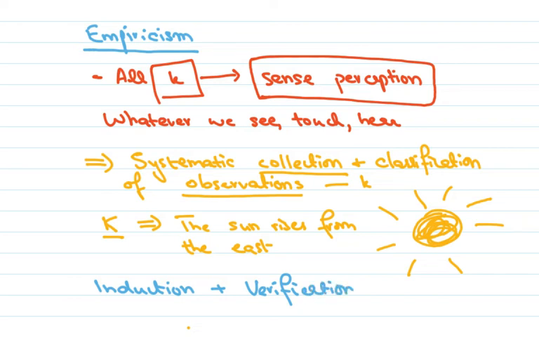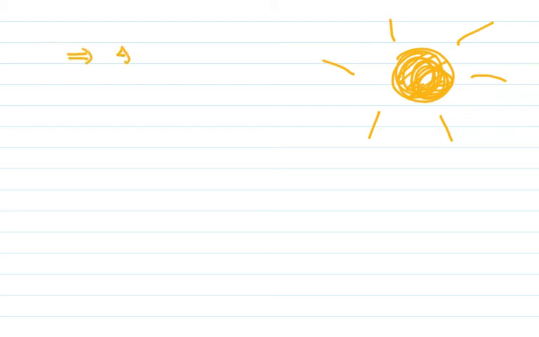So, we just did an example in which we said that you look at the sun every morning and you see that it rises from the east. And from this, what you do is that you induce.